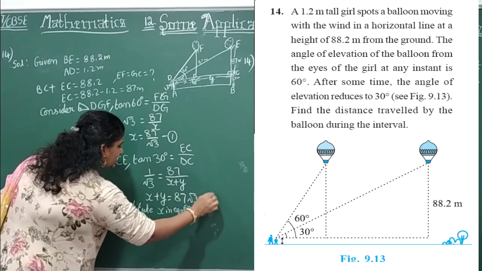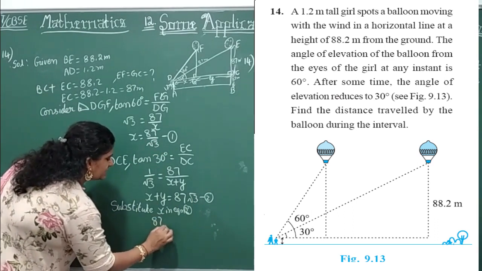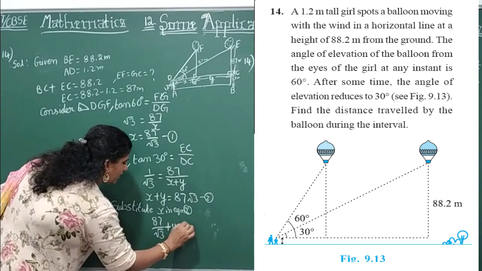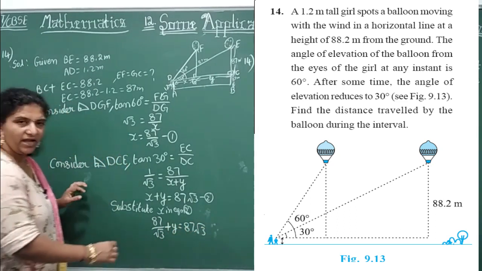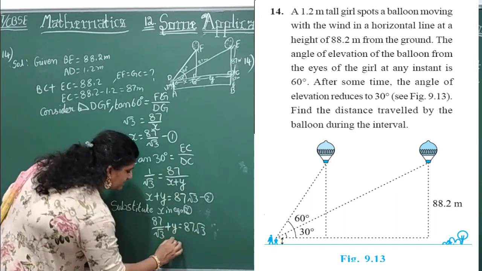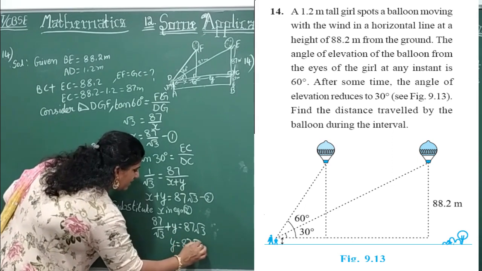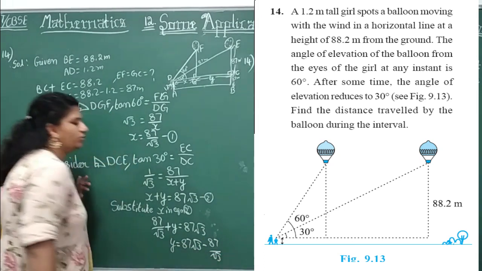Let's mark it equation 2. What is your x value here? 87 by root 3 plus y is equal to 87 root 3. So children, look here. What am I doing here? Sending this to that side, y is equal to 87 root 3 minus 87 by root 3.